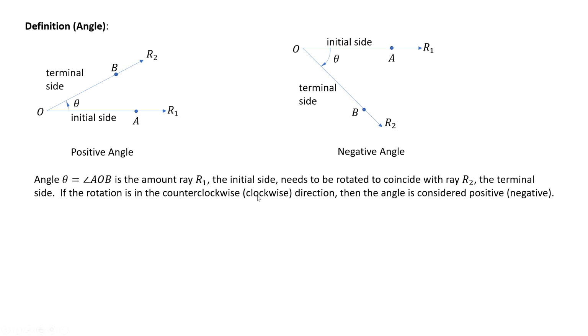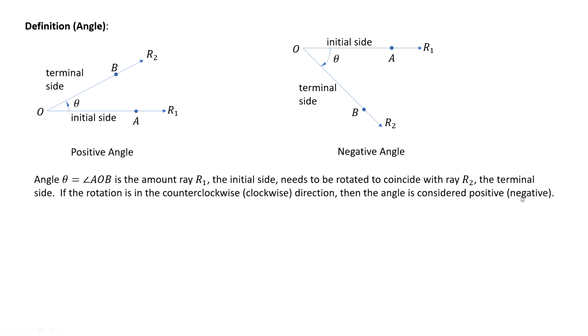Now, what's up with this parenthesis, clockwise, and the parenthesis, negative? Well, this is a trick many writers use in order to convey the information succinctly. The way you're supposed to read this is, if the rotation is in the counterclockwise direction, and you ignore the parenthetical stuff, the angle is considered positive.